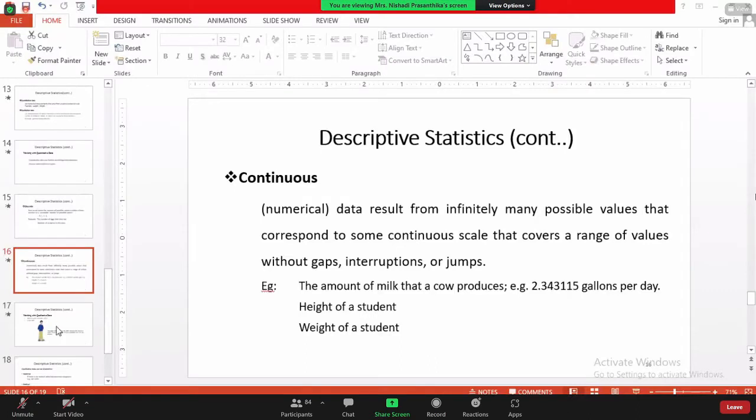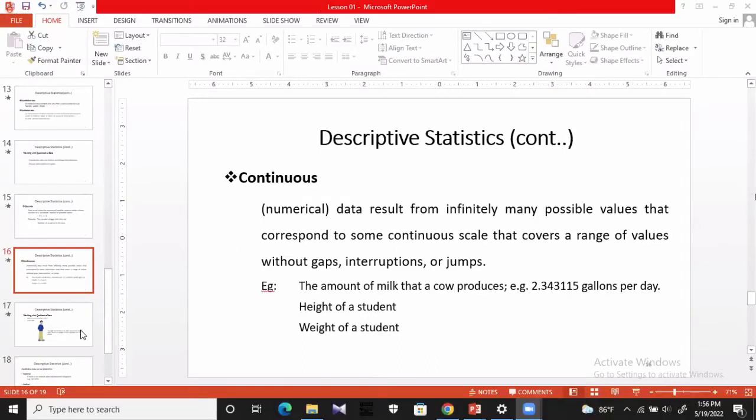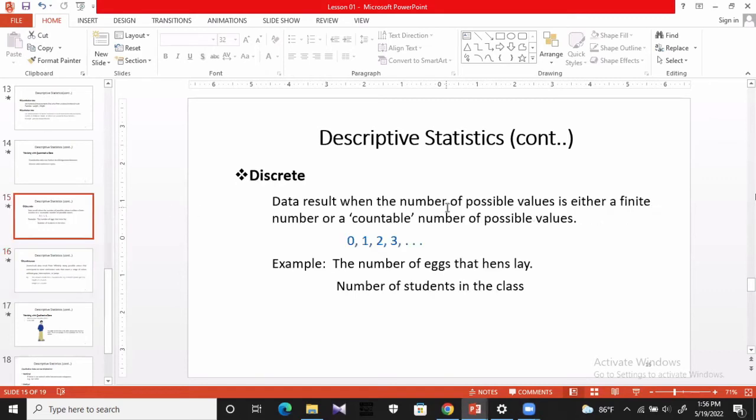Let us come to our slide presentation. So, qualitative data and quantitative data. There are two types of data, quantitative and qualitative. Quantitative data can be divided again into two parts, continuous and discrete. If it is discrete data, then we can count it, which means it's a finite or countable number.